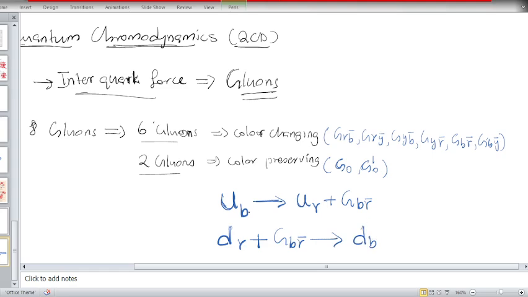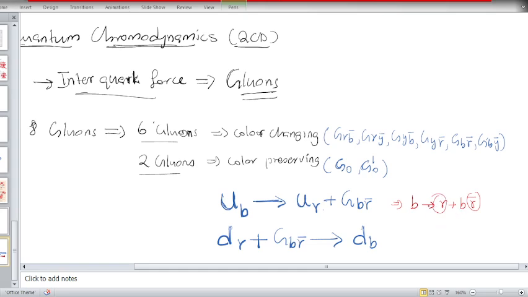Similarly, you can see here what is happening: R and anti-red will cancel each other, and there is one blue color left. So this R prime and this R will be cancelled and that will give you blue color.